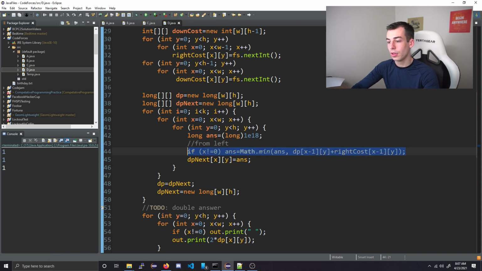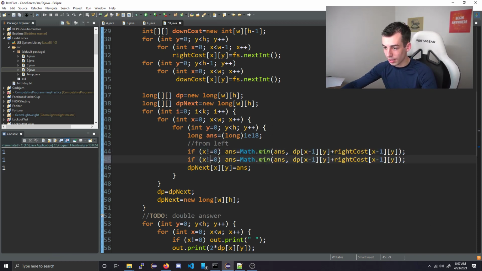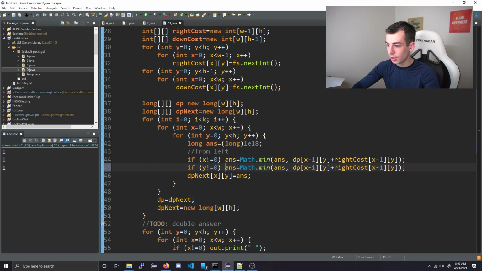Yeah. Okay. If y is not equal to 0, ans equals math.min of answer dp of x y minus 1, come from above. Is down cost.